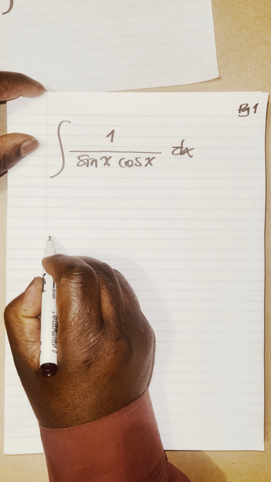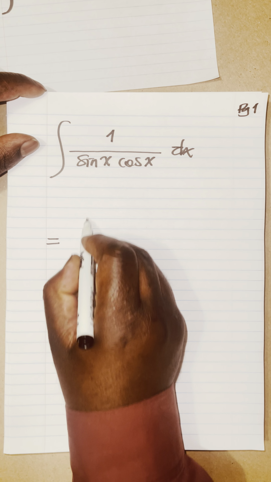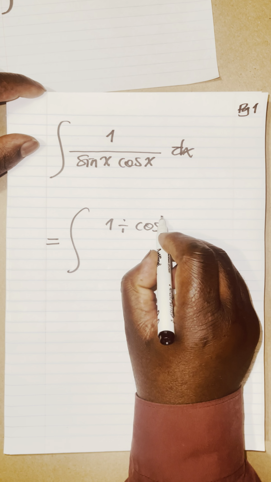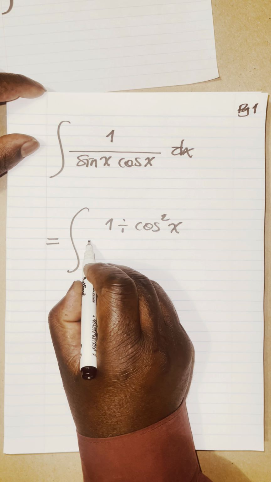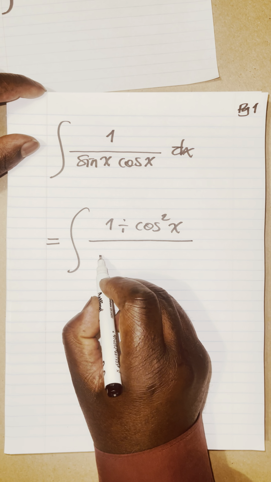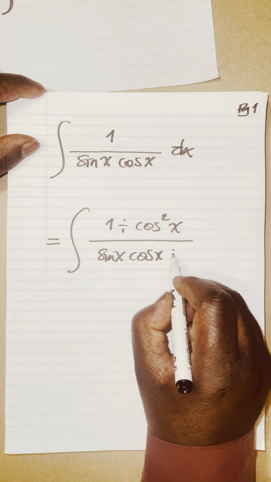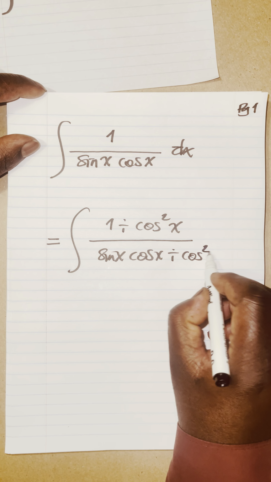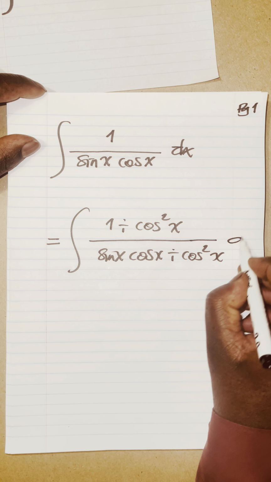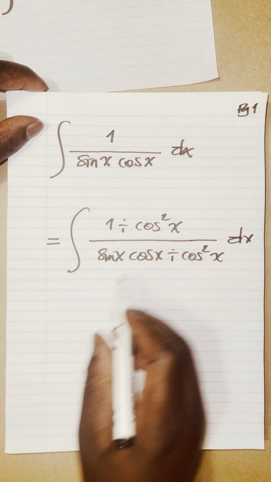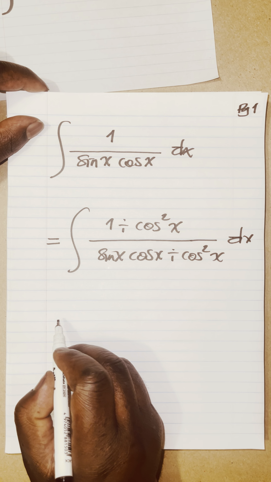So therefore, we're going to say this is the same as the integral of 1 divided by cosine squared of x, and I'm going to do the same in the denominator: sine x cosine x divided by cos squared of x. You'll understand shortly why I'm doing this. Now, in the numerator, notice you can actually rewrite this as follows.